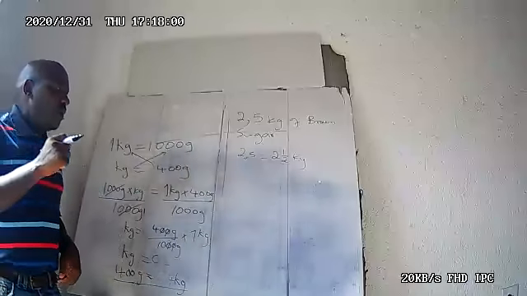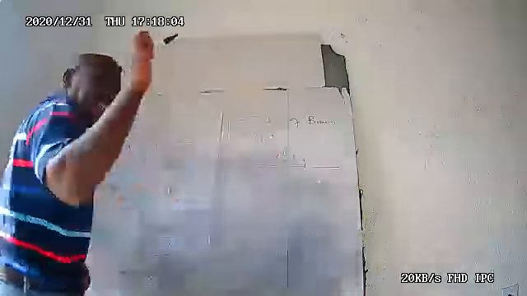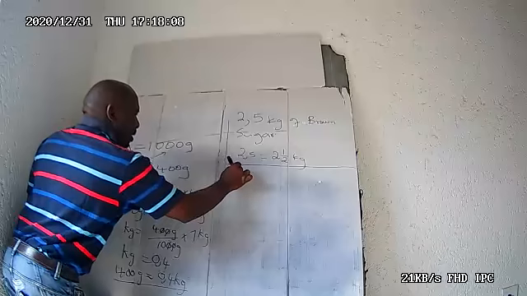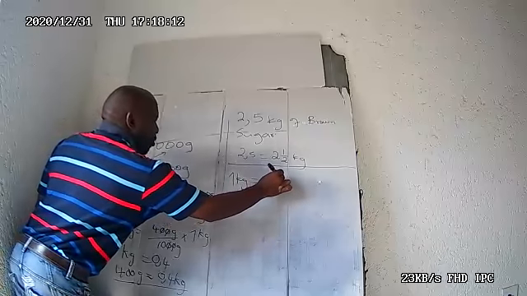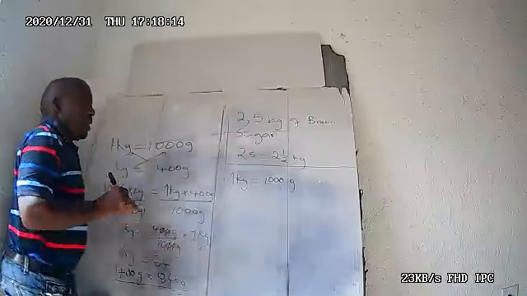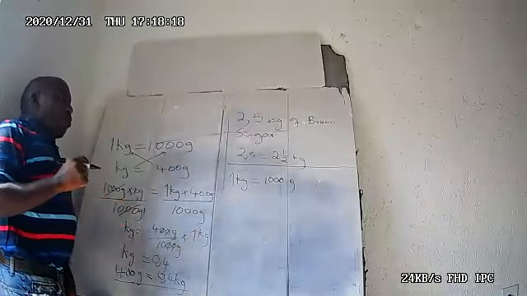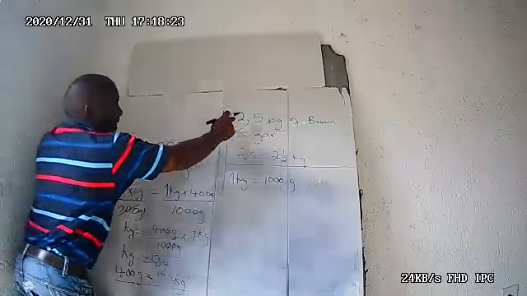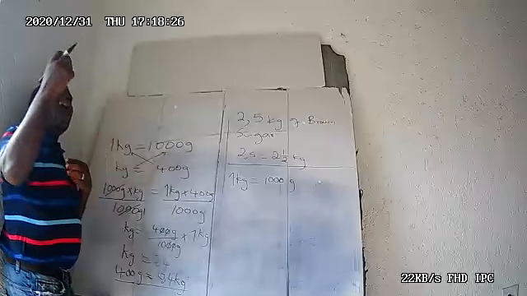What are you going to do? The first step that you must do is this one. What is it that you know? What you know is that 1 kilogram is equal to 1,000 grams. Now here, if we are going to repack, we must first and foremost convert our 2.5 kilograms into grams.